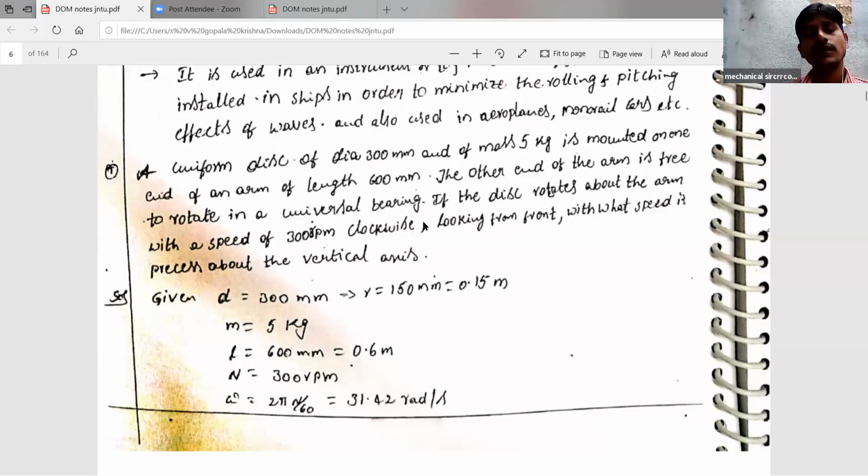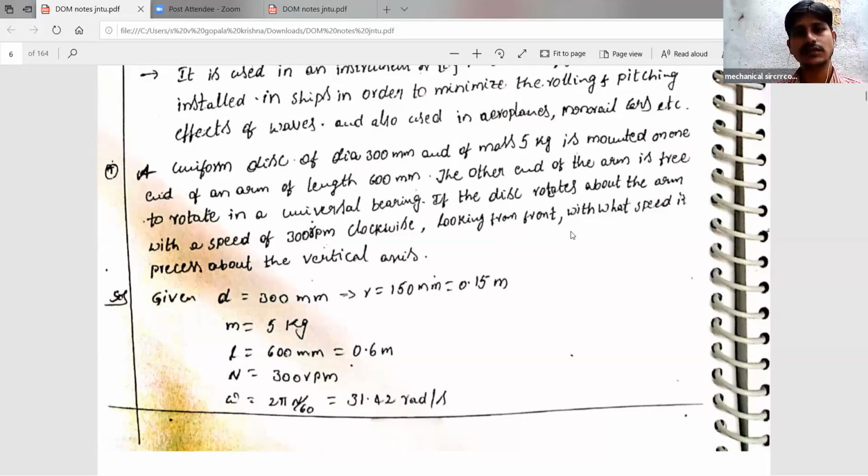Here the problem belongs to our spinning disc and spinning axis type. What we discussed in earlier classes, our gyroscopic couple derivation and precessional angular motion derivation, only those things we discussed. Those are the spinning axis and spinning disc.